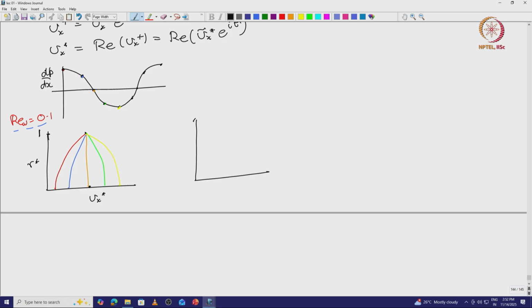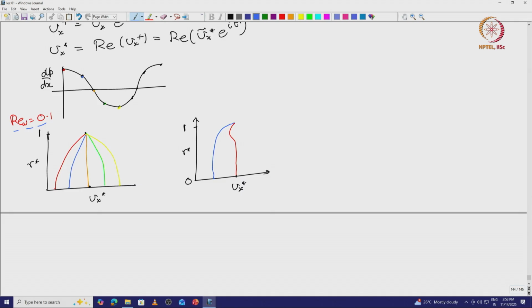On the other hand, when it is large, at this point here, when the pressure gradient is positive, you get a velocity that goes almost close to 0, and then it goes out and comes here like this. At this point it is still positive, but the velocity profile looks somewhat different.